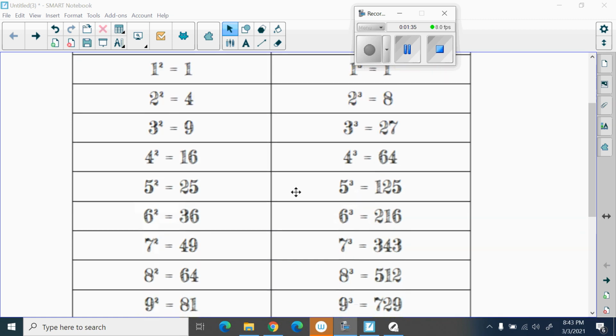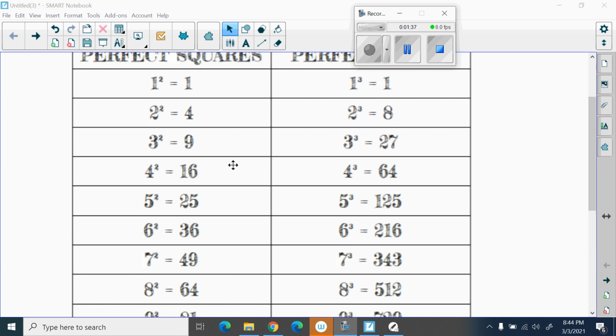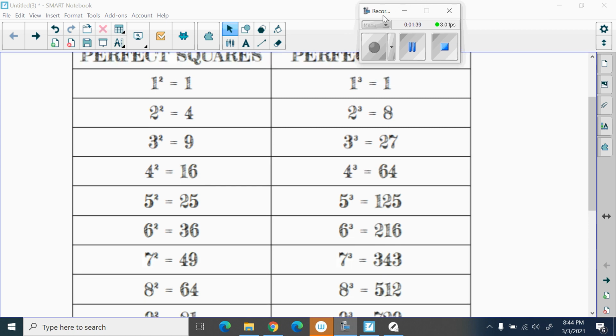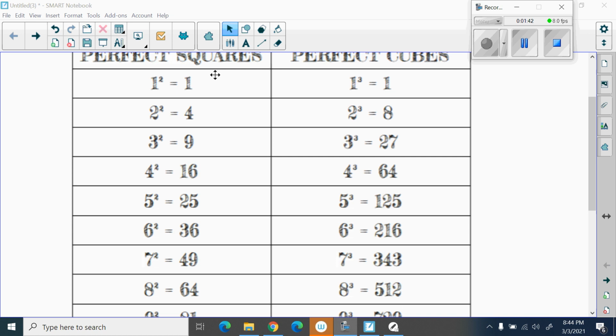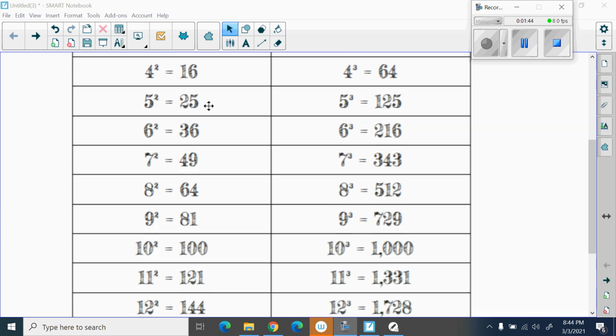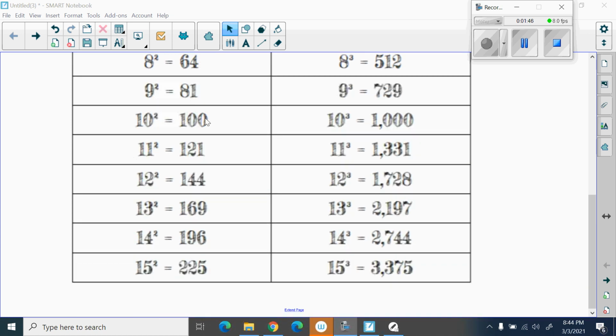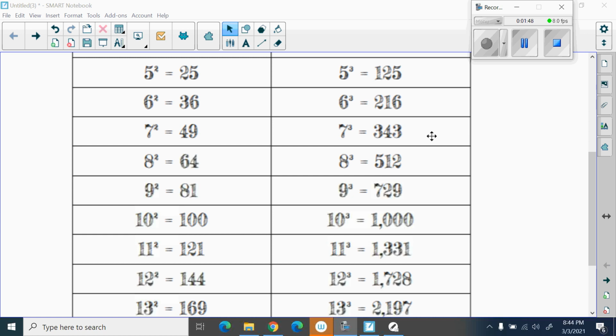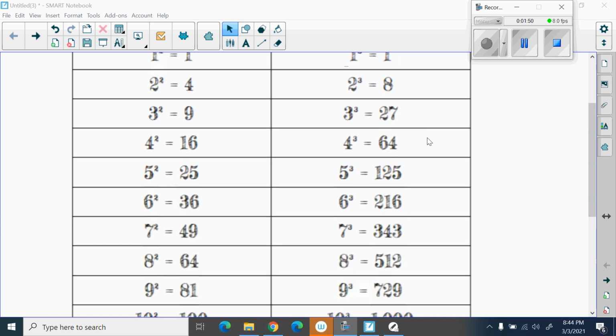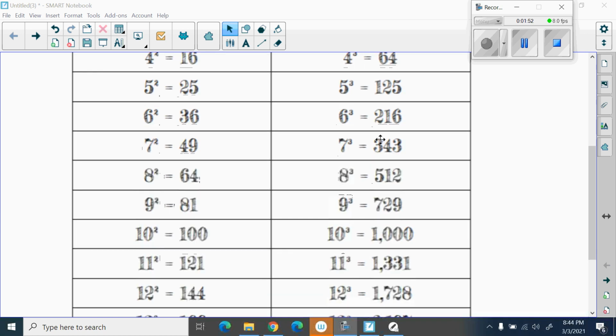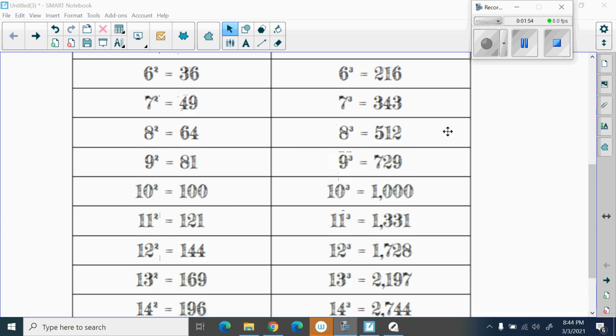So definitely take a note card, pause the video if you want, and make a list of your perfect squares on one side and your perfect cubes on the other. Keep that with you when we're doing things like radicals.